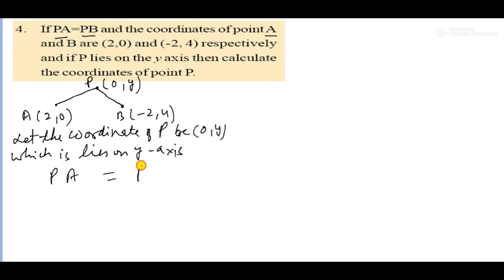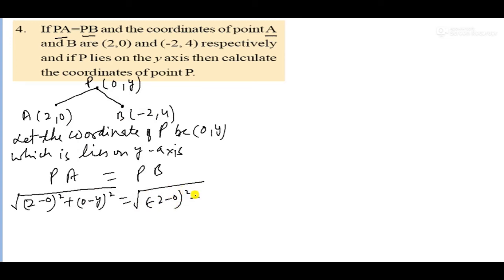Now come to the question number 4. As you have to see here, if PA and PB are equal and the ordinates of A and B are 2, 0 and minus 2, 4 respectively, A is given as 2, 0 and B is given as minus 2, 4, okay, respectively.